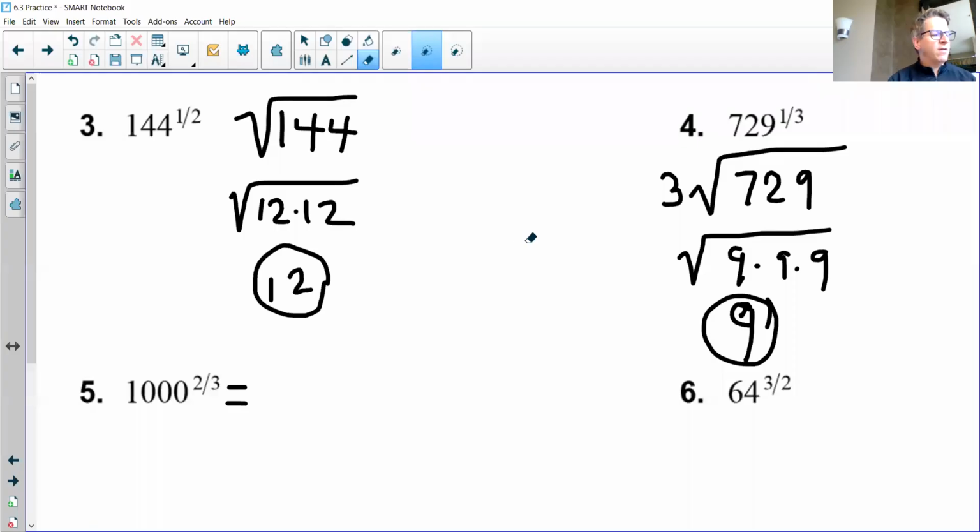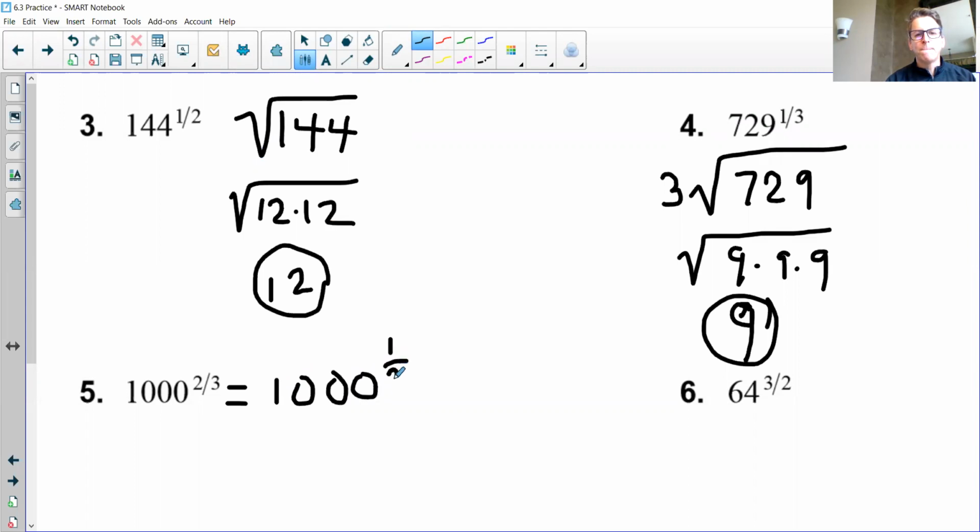On number 5, we have this 1,000 to the 2/3 power. And I misspoke earlier. It should read 1,000 to the 1/3, and that's raised times 2.